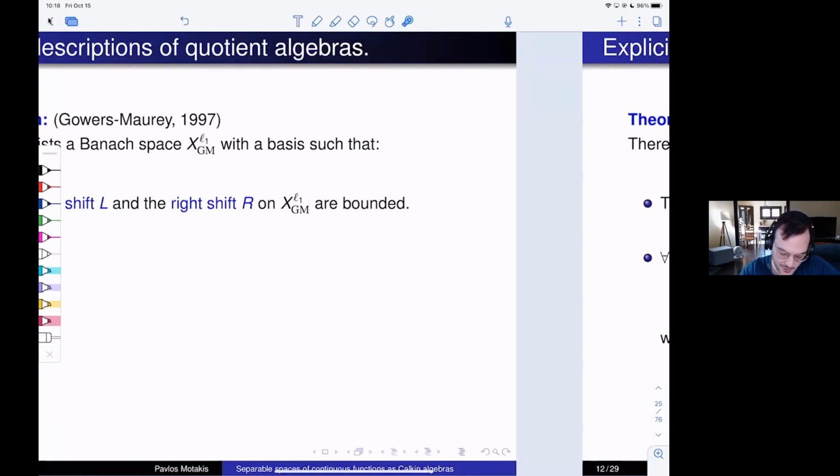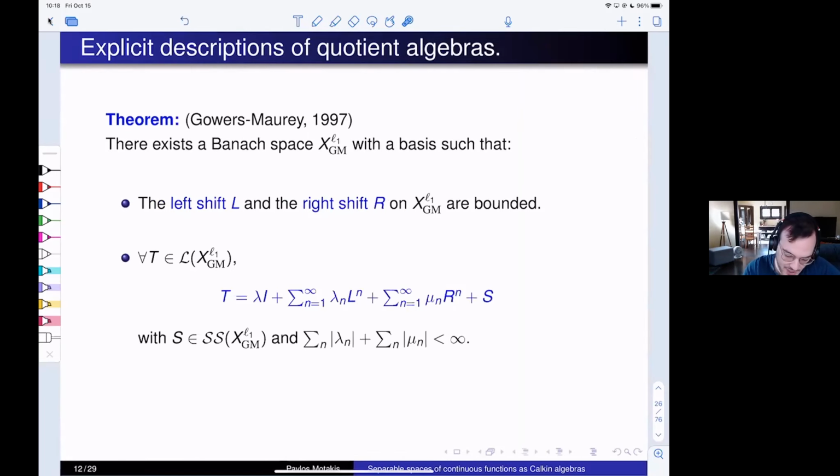So what they were able to achieve in this space is that any bounded linear operator can be written as a scalar multiple of the identity plus a series of scalar coefficients with positive integer powers of the left shift plus a series of scalar coefficients with positive integer powers of the right shift plus a strictly singular operator.